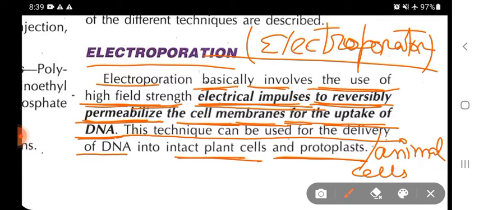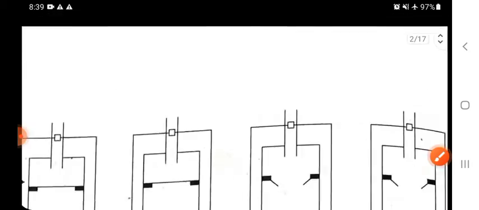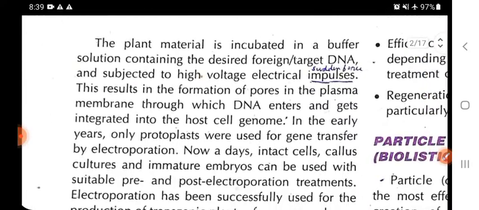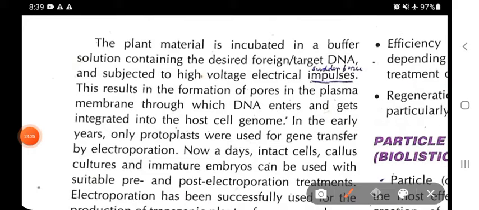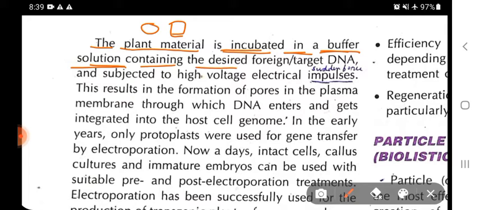Now, how is it used? Let us see. As this chapter is taken from plant biotechnology notes, they have written plants only. The plant material, which may be a protoplast or an intact plant cell having the cell wall, is incubated in a buffer solution, and within that buffer solution is the desirable foreign DNA or target DNA.